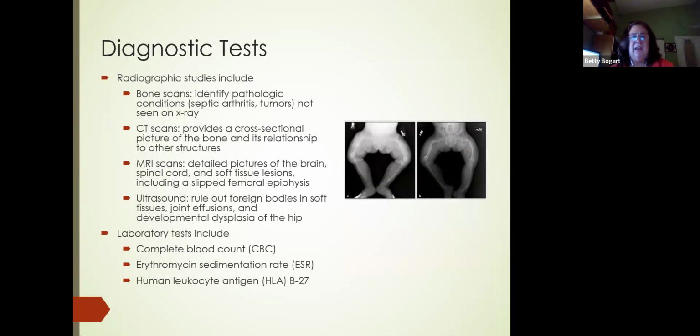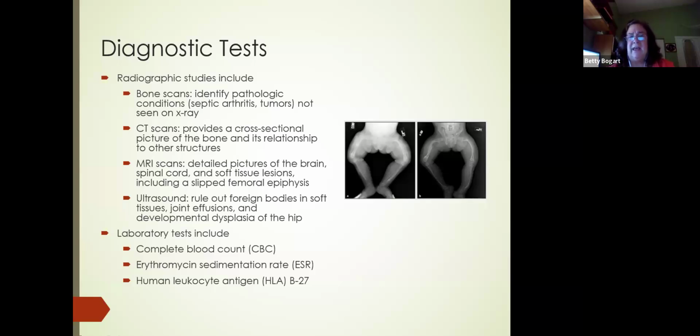Now, sometimes it's more sophisticated than that. And we have to look a little harder to find out what's happening. What if it's that 3-year-old who's limping and you're wondering, and the x-ray doesn't show a fracture, so what's going on? Well, that's when we'll do something called a bone scan. And that's going to look for septic arthritis or tumors because not everything's seen on a regular x-ray.